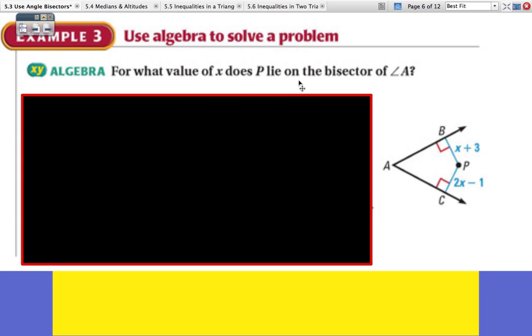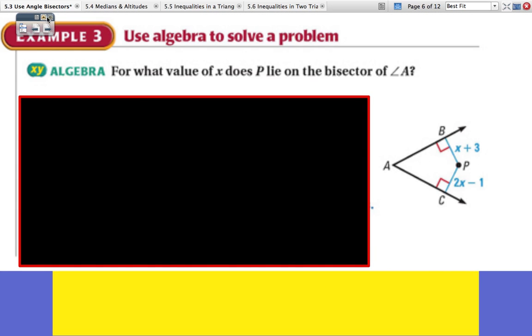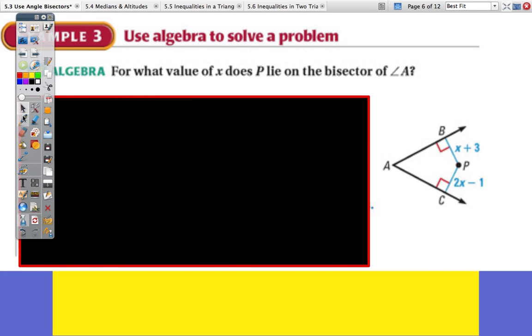For what value of x does P lie on the bisector? So we want to know if P is on the bisector. Well, for P to be on a bisector, these two would have to be congruent. So you have to set x plus 3 equal to 2x minus 1 and solve for x.